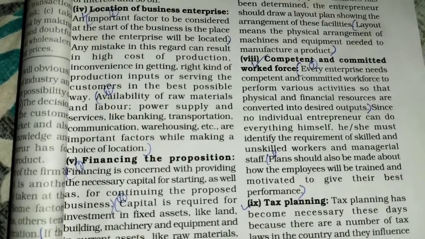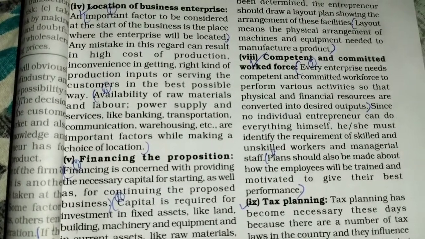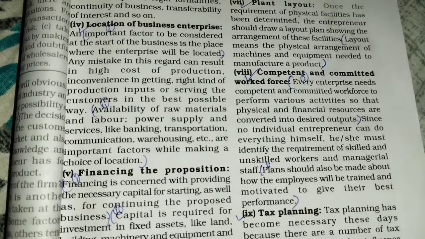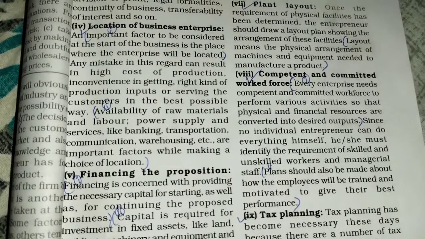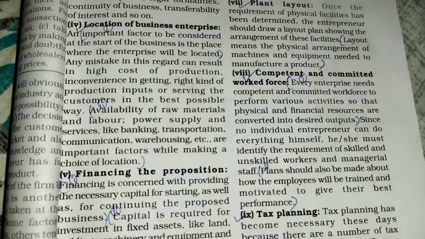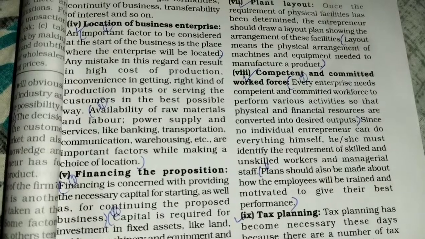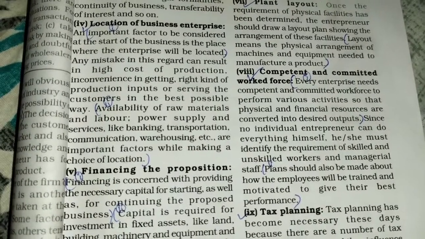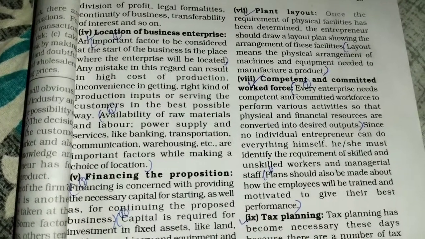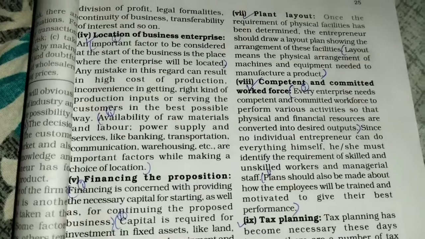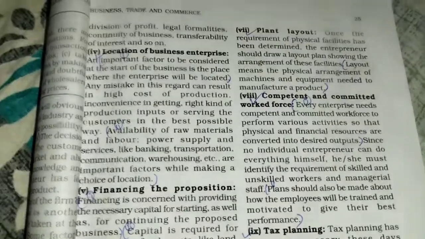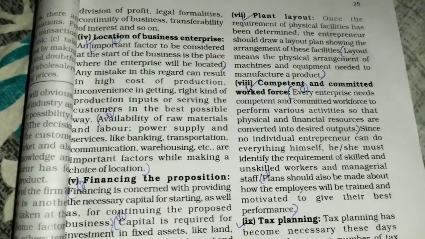Any mistake in this regard can result in high cost of production, inconvenience in getting the raw materials and the right kind of production inputs, or in serving the customers in the best possible way. So localization of business is very important, as any mistake will cause a higher cost of production, which the business will not be able to deal with.